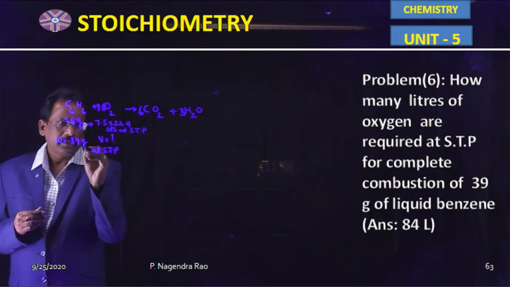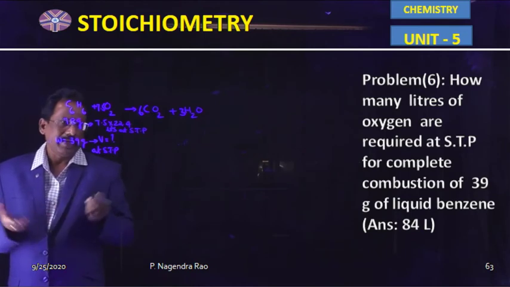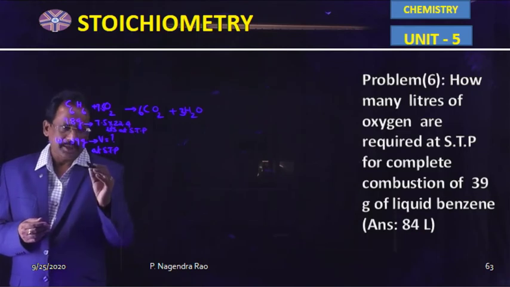Therefore, 39 grams of benzene requires how much volume of oxygen gas at STP.